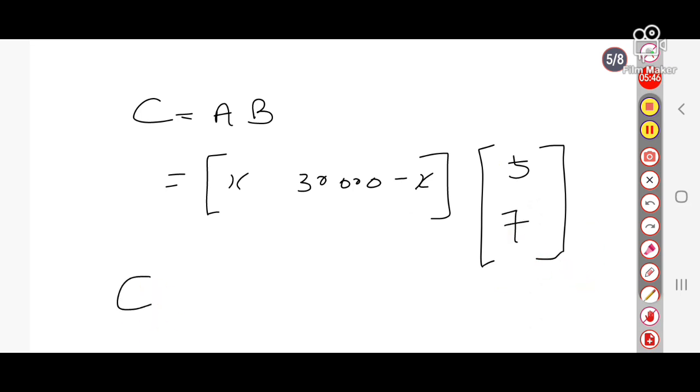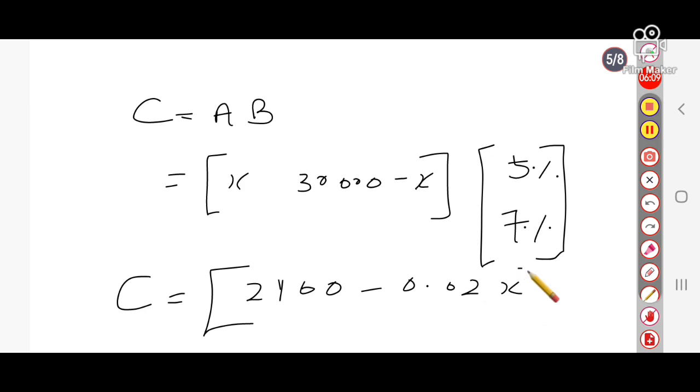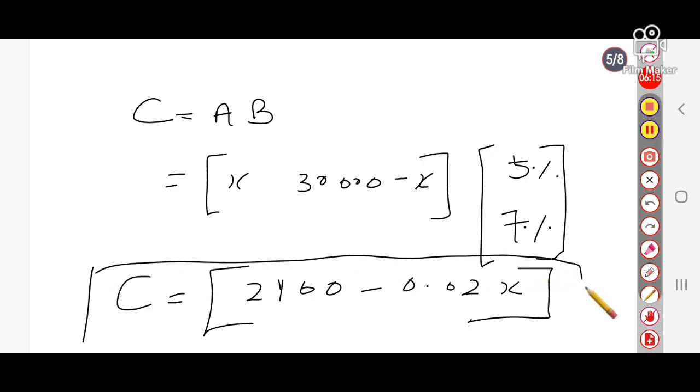Upon simplifying this, this will be 5%, 7%. So as I told you before, 5% is denoted as 0.05, 7% is denoted as 0.07. So multiplying this, we get 2100 minus 0.02x. So this is the total annual interest of type 1 and type 2 bond.